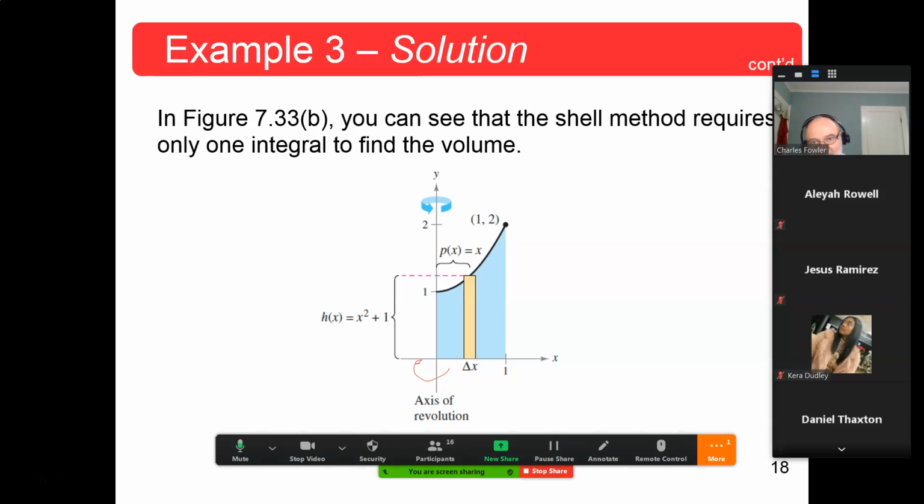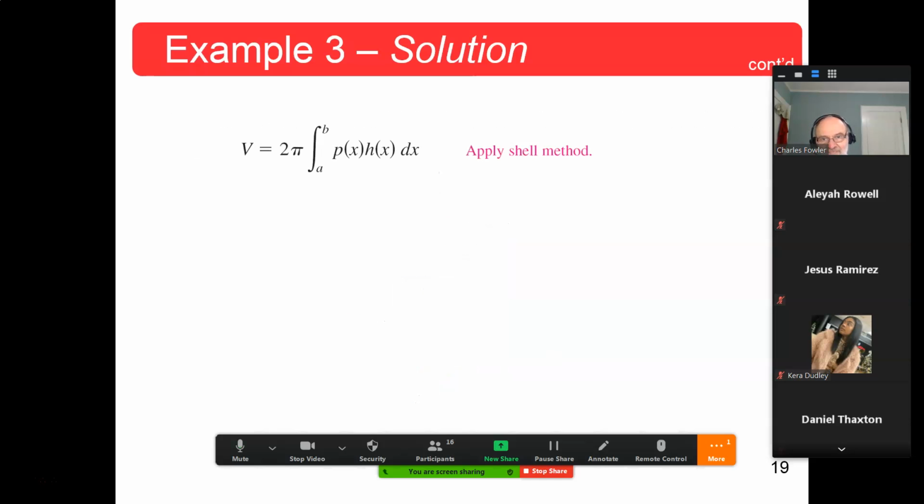What's the height of that? The height is your x squared plus 1, the function value. What's the radius? x. And your dx is your thickness. That gives you the integral you need to do: 2 pi times the radius times your height times the thickness.